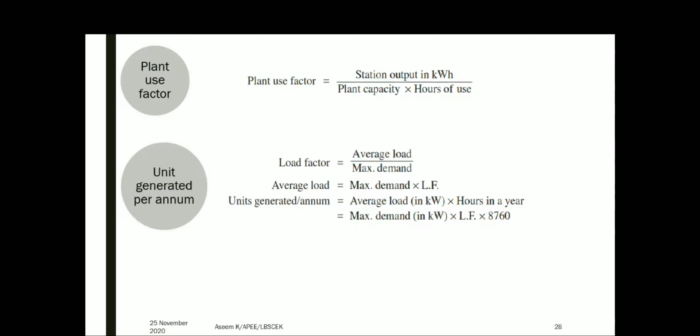Then load factor, unit generated per annum. As you know, load factor is average load by maximum demand. From that, average load is maximum demand into load factor. So unit generated per annum is average load in kilowatt hour into hours in a year, or it can be written as maximum demand into load factor into 8760.